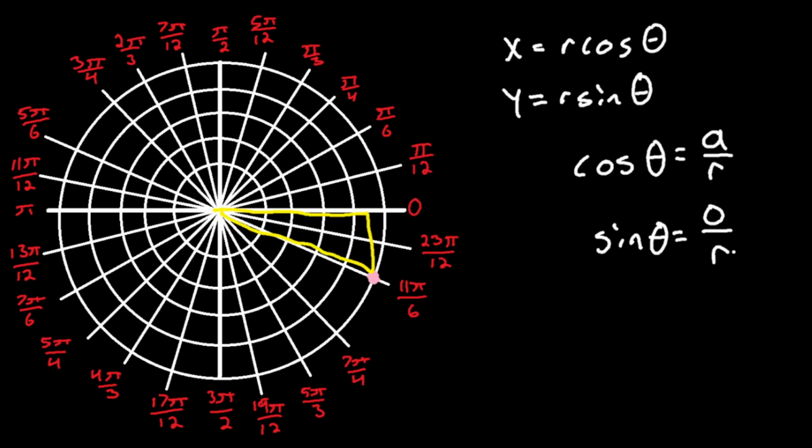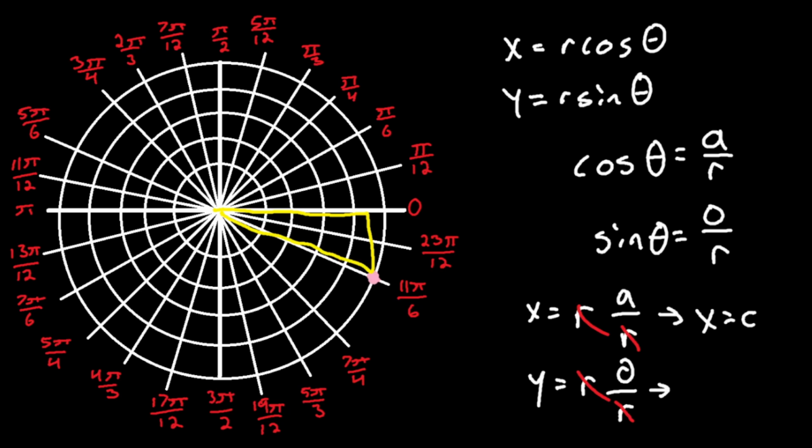And what we actually get is x is equal to r times cosine of theta, and cosine of theta is equal to a over r, so we can substitute cosine of theta with a over r. And y is equal to r times sine of theta, which is equal to o over r, so we can substitute again. Look what happens. These r's actually cancel out, and we are left with x is equal to a and y is equal to o.